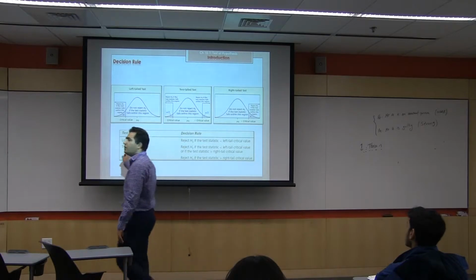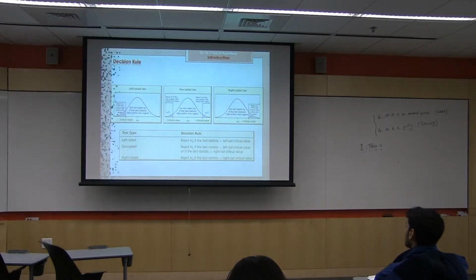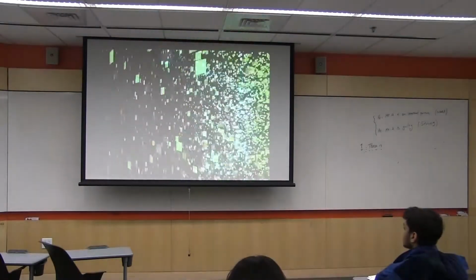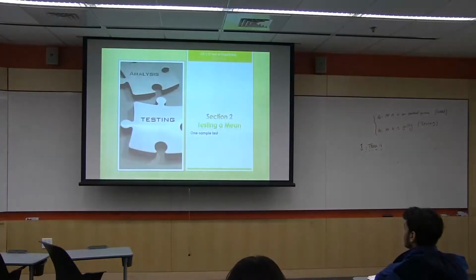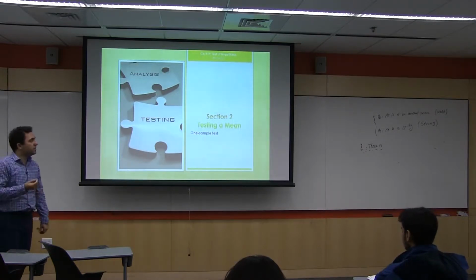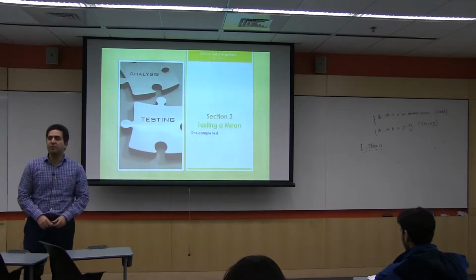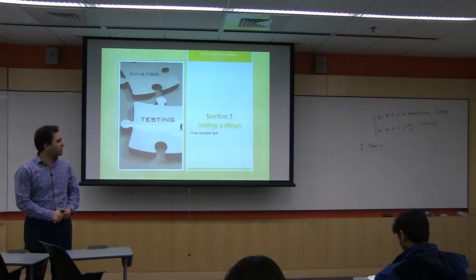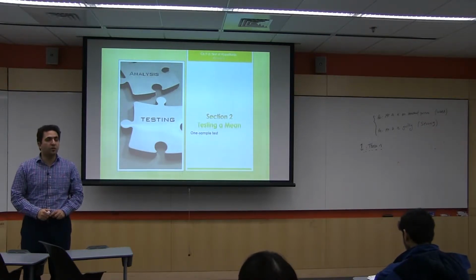This is the whole procedure we're going to do. We're going to repeat it many times for many examples, and I'm sure you're going to get all of those steps one by one. So let's start with performing a test of hypotheses for one sample mean when sigma is known to us.